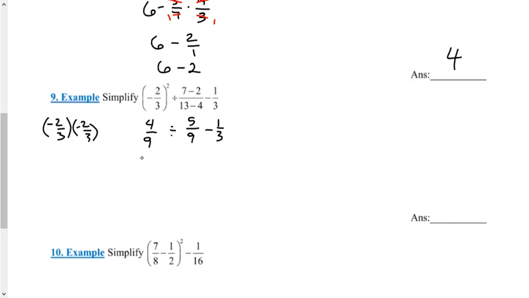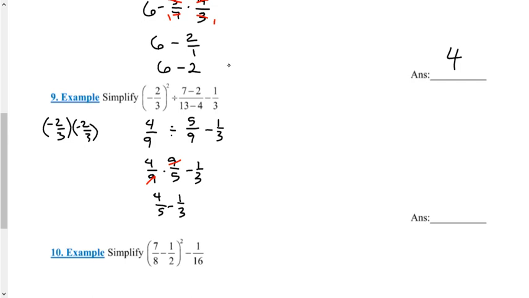When you go through your PEMDAS or GEMDAS, we've got division before subtraction. So this is going to be 4/9 times 9/5. So we'll go ahead and get these 9s canceled out. I've now got 4/5 minus 1/3.